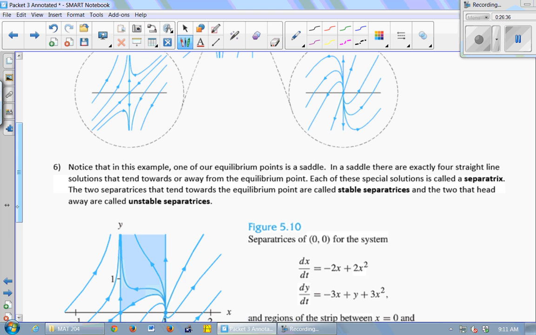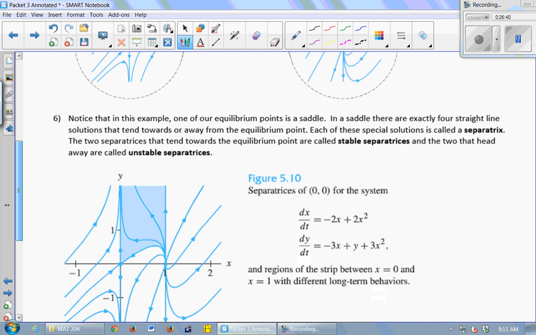All right, so I already used the terms here, but in a saddle, there are 4 straight line solutions. Well, 2, but you can break them in half at the origin. Right? They tend towards or away from the equilibrium point, and each of those is called a separatrix. The 2 separatrices that tend towards the equilibrium are called stable, and the 2 that go away are called unstable.